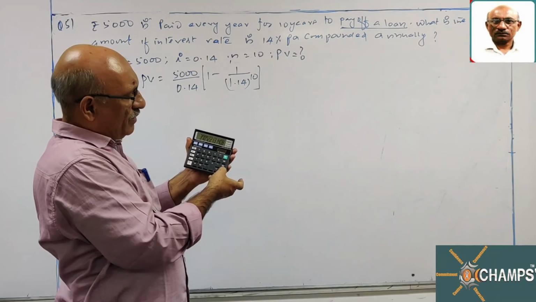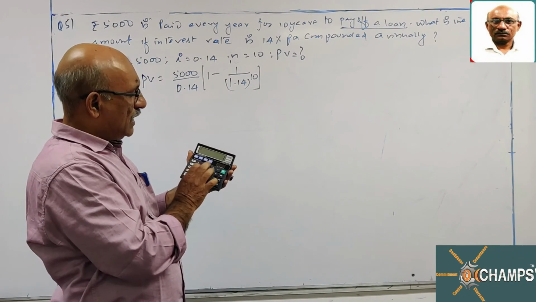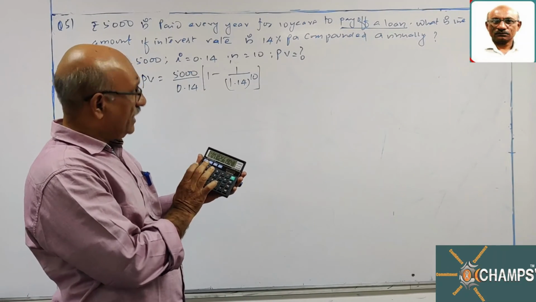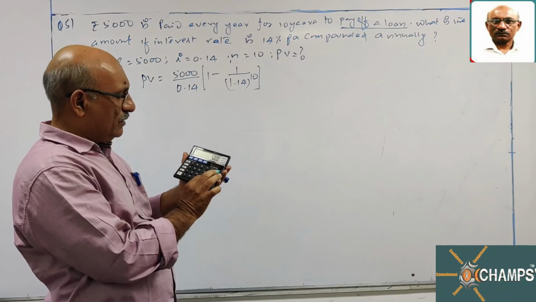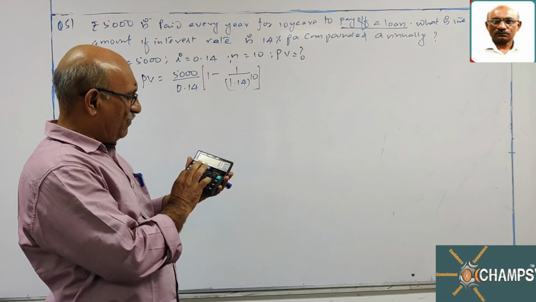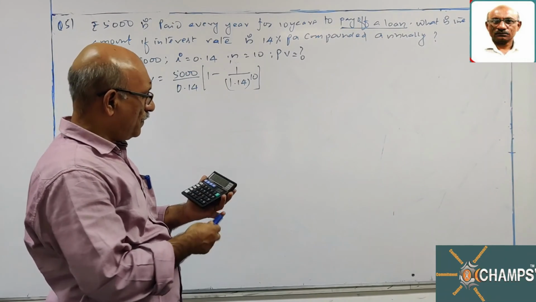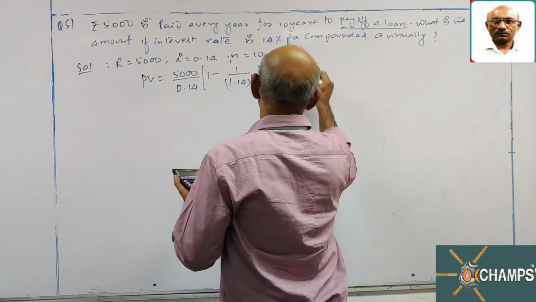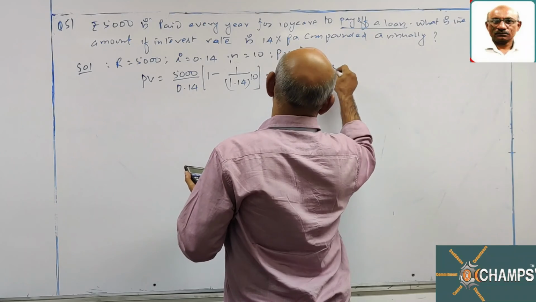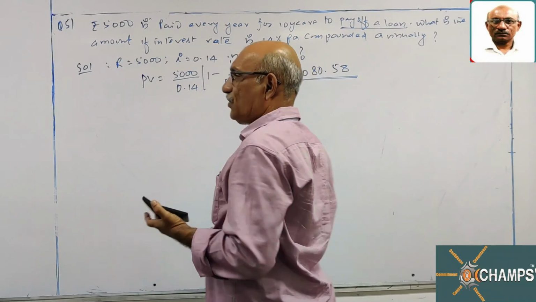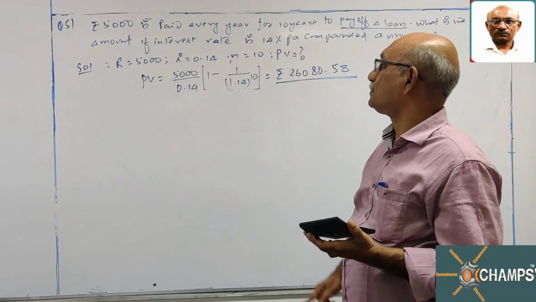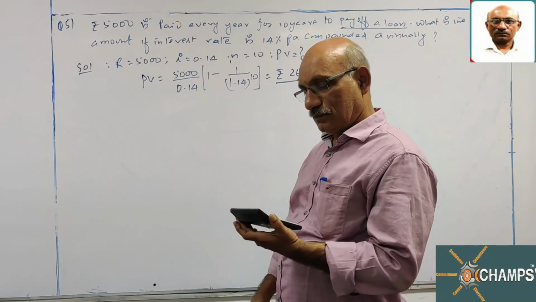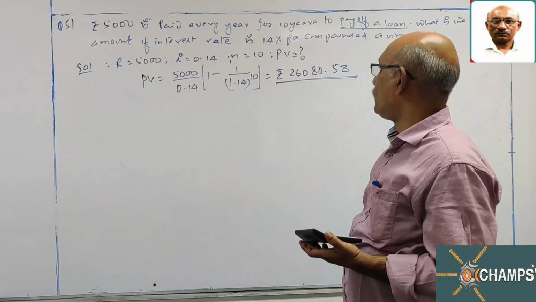That value you have to store in memory, M plus. 1 divided by MRC minus 1, plus minus button, into 5,000 divided by 0.14. This is the loan value. Present value of loan is 26,000.